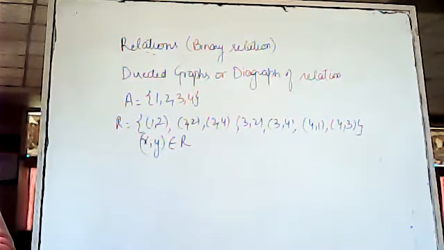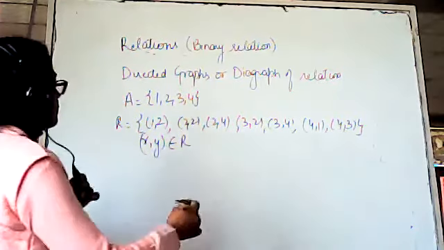To find the directed graph of R, write down the elements of A, draw an arrow from an element X to element Y whenever the ordered pair XY belongs to relation R. The figure so obtained is known as the directed graph for the relation R.